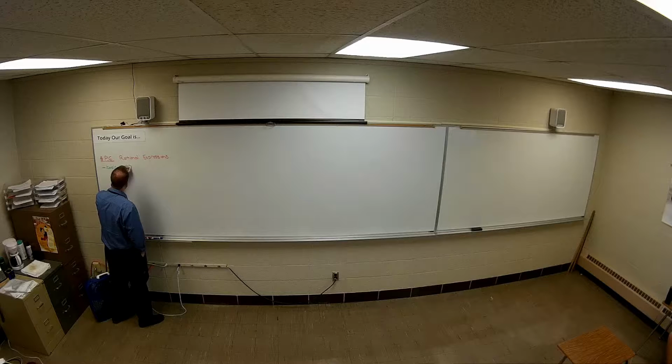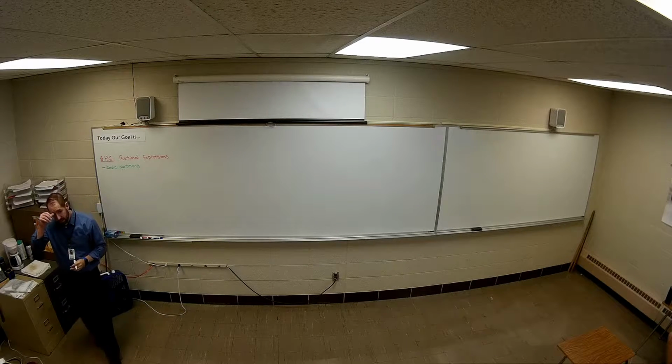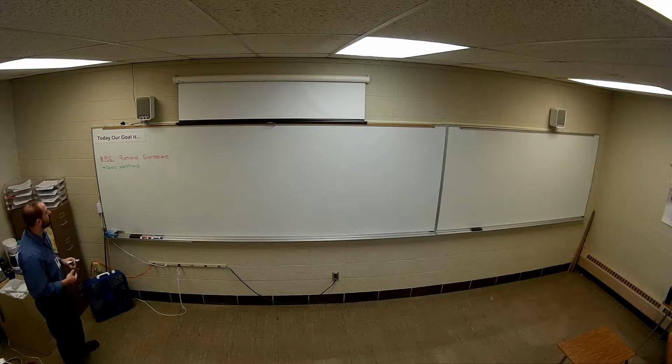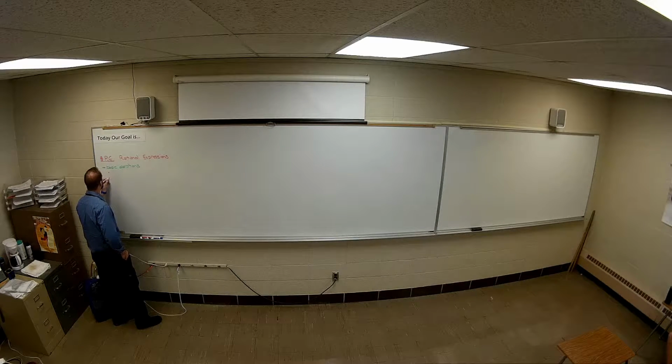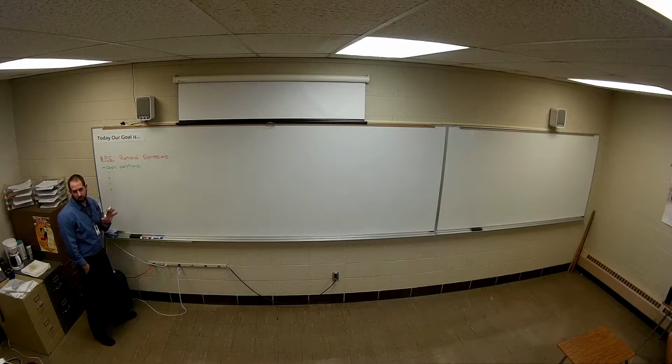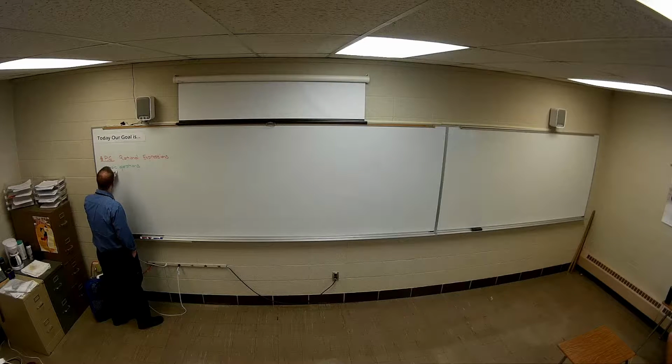Add, subtract, multiply, and divide. I believe on Friday we talked about division. So that's one problem I definitely want to cover today. We'll do an example of that. But if there's any specific type of basic operation that you're not comfortable with, we'll try to do one example of it today. But we're going to try to do a division problem today. So we have add, subtract, multiply, and divide.